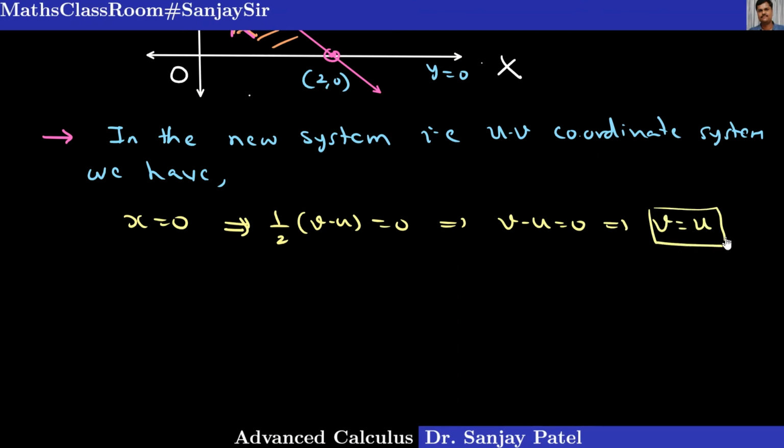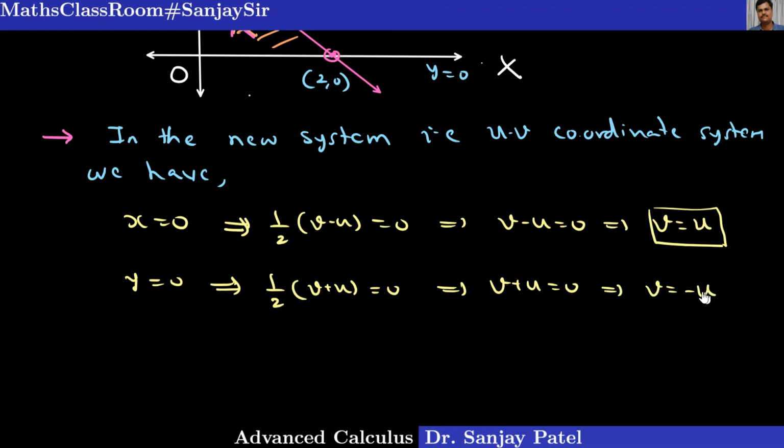So this is my first side of the triangle in the new system. Then y equal to 0 gives us 1 by 2 times v plus u equal to 0, and that gives me v plus u equal to 0, and therefore v is equal to minus u.